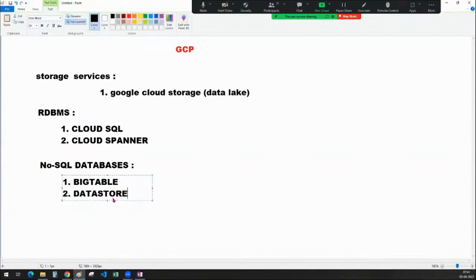Okay, so these are the two databases acting as NoSQL databases in GCP. One is Bigtable, one more is Datastore, guys.